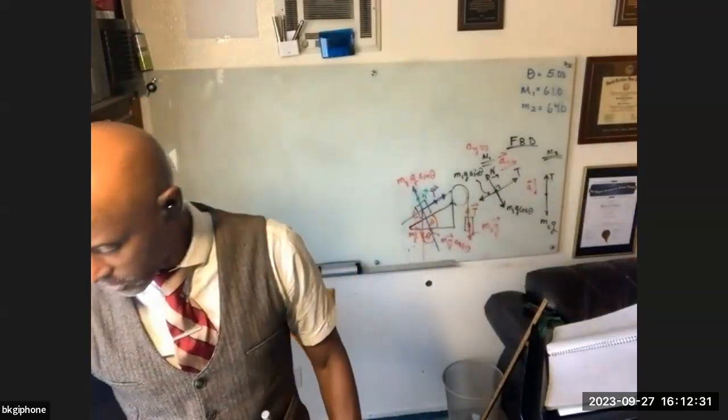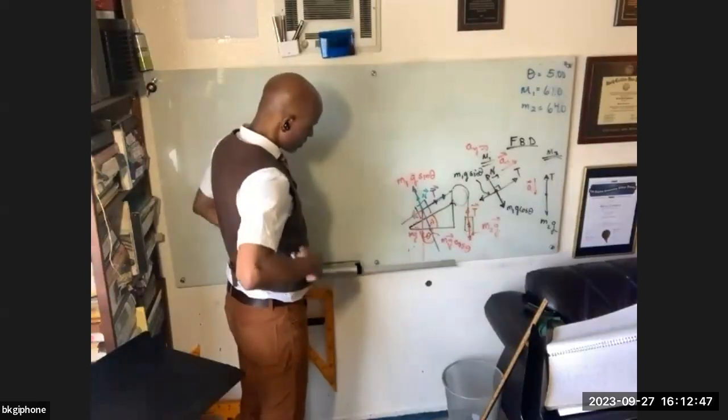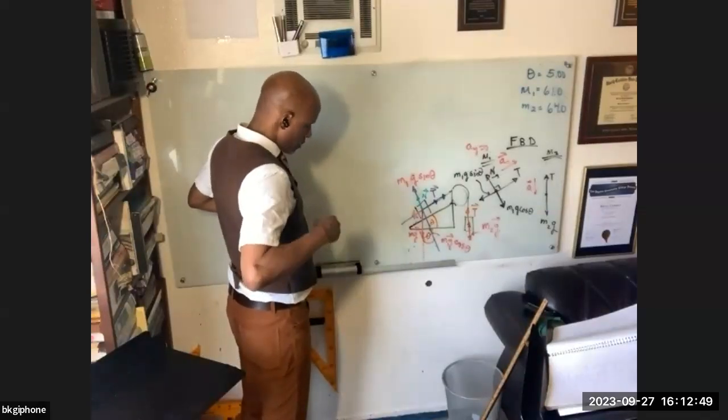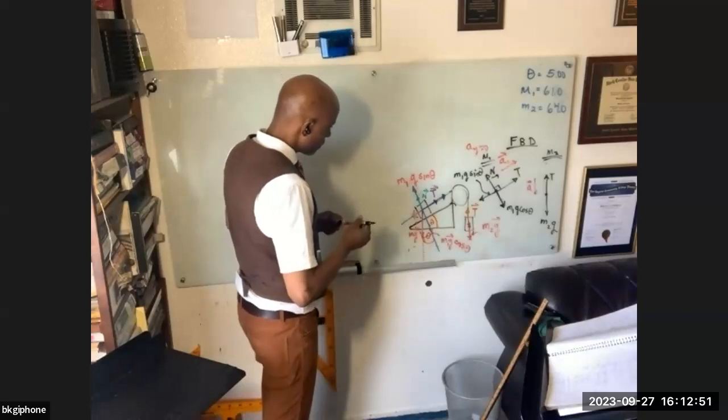Question, Mikey, question. Where exactly is the mg sine and cosine pointing to? Like what angles are they exactly? It's kind of hard to see in the video, so that's why I'm asking. Yeah, it's a little small. Let me go ahead and blow that up over here.